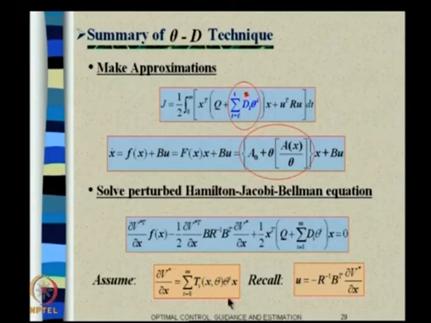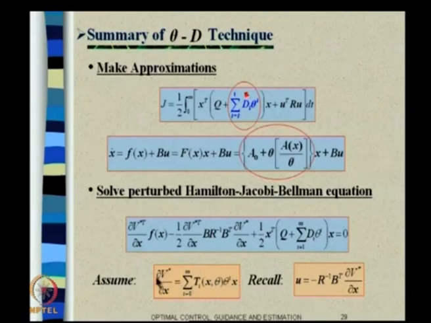We will give an example a little later as we go along, but the difference is that sometimes people take the V star as a power series expansion. Instead of that, what is done is that lambda or del V by del x, which is a vector, is expanded as some sort of a matrix times some scalar times the state actually.